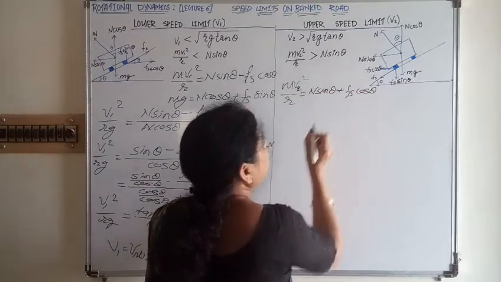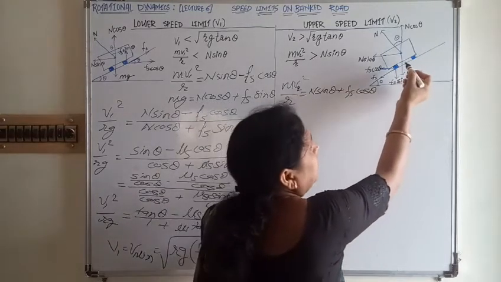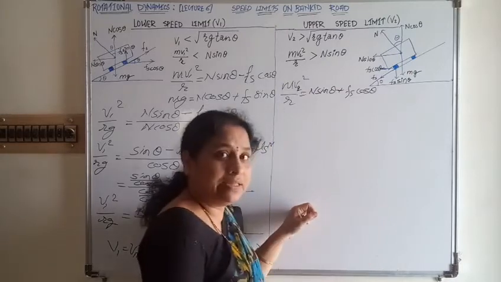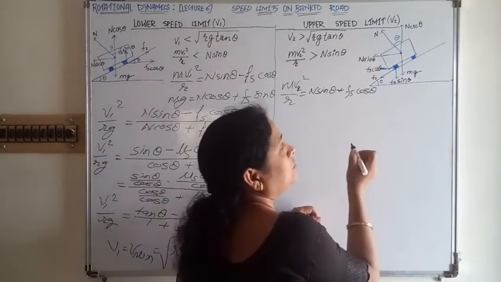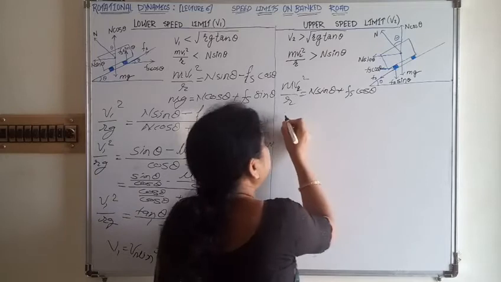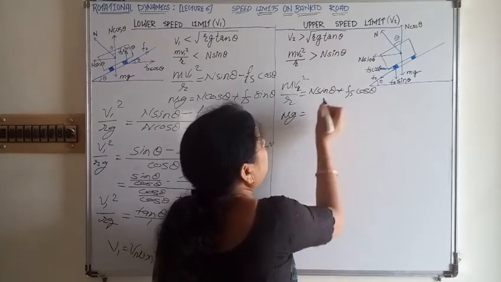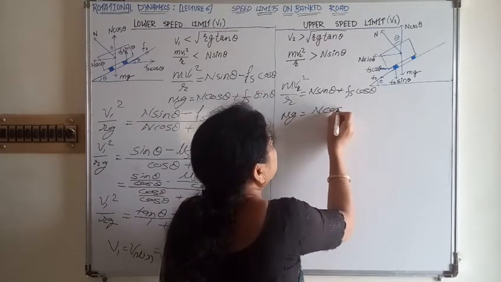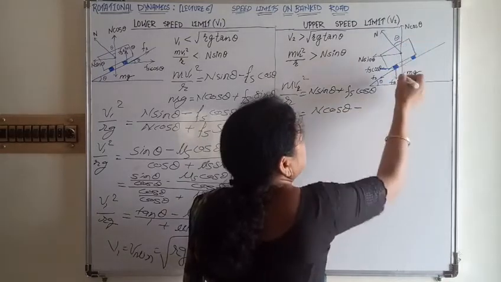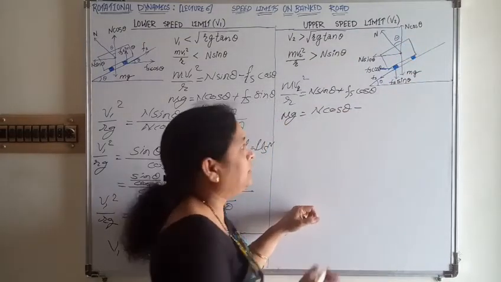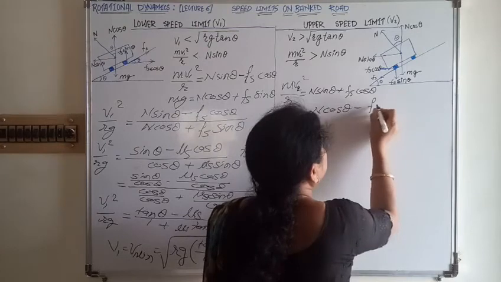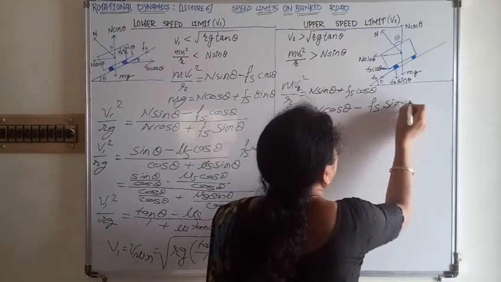This is one equation. For the second equation, mg and Fs sin theta are in the same direction and N cos theta is opposite to it. So I can write mg is equal to N cos theta minus Fs sin theta, because these two vectors are opposite to each other.